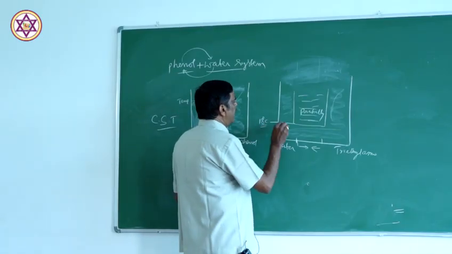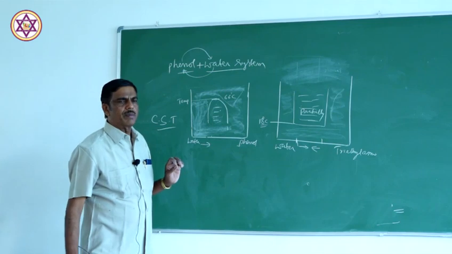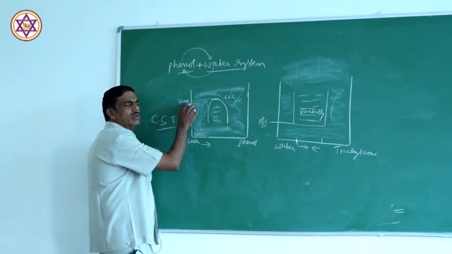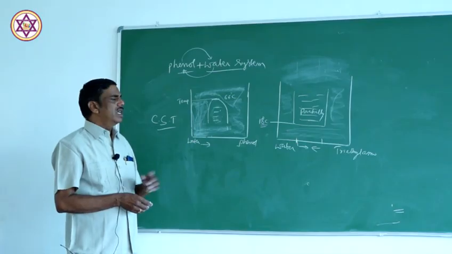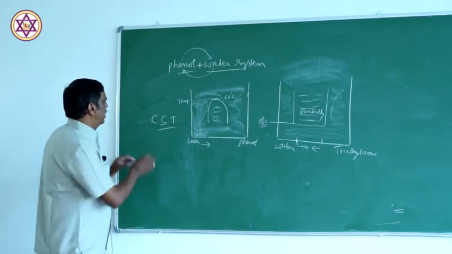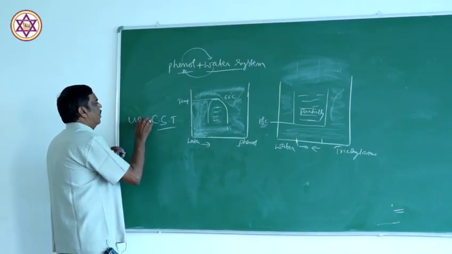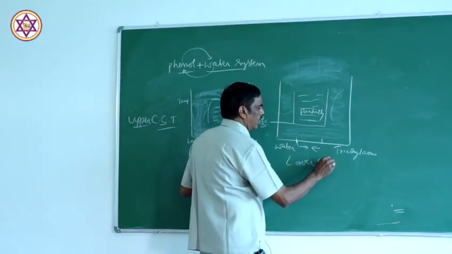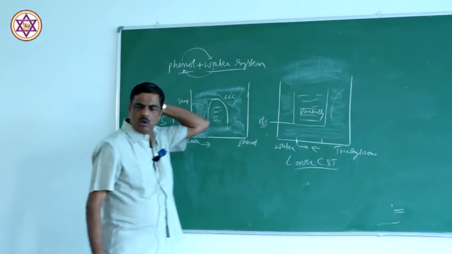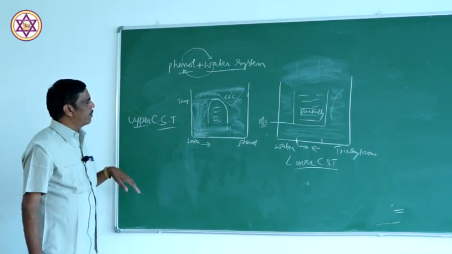Therefore, this 18 degrees is the critical solution temperature. Here the critical solution temperature is above standard condition, this is called upper CST, upper critical solution temperature. This is lower CST, lower than the atmospheric temperature.